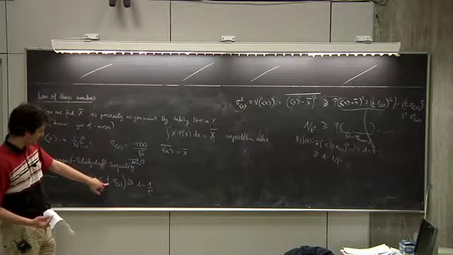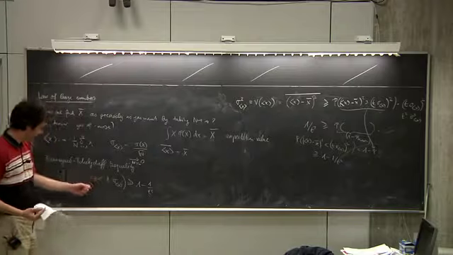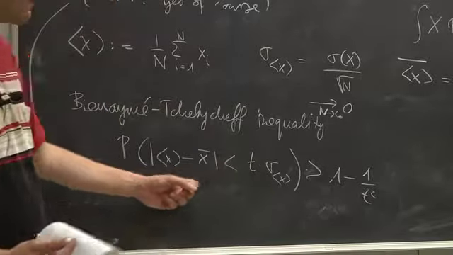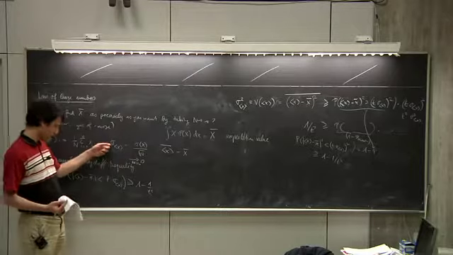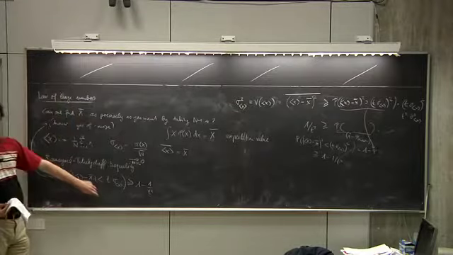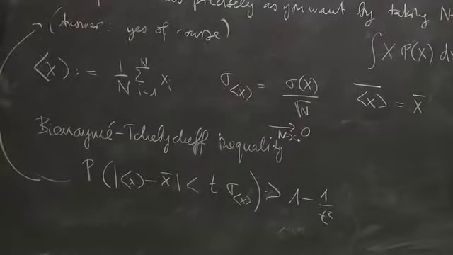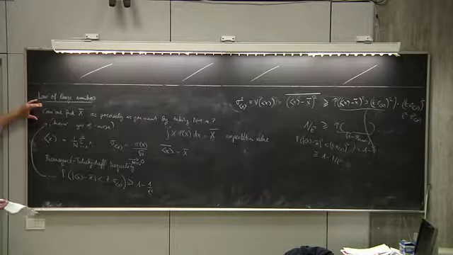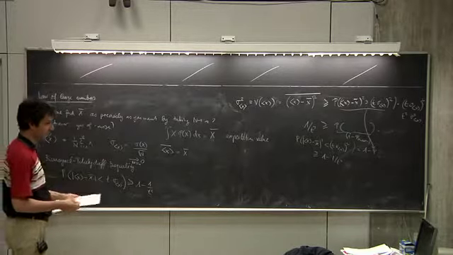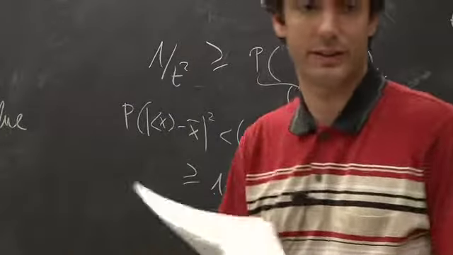So if you take this to be 10, then you have 99% probability at least that you will be within 10 standard deviations from the mean. And if the standard deviation goes to 0, when you make n large, then you're sure to come closer and closer to your average. Okay, so this makes you sure that if you want to sample an average, if you take enough measurements, you will come as close as you want. Okay, that's called the law of large numbers.